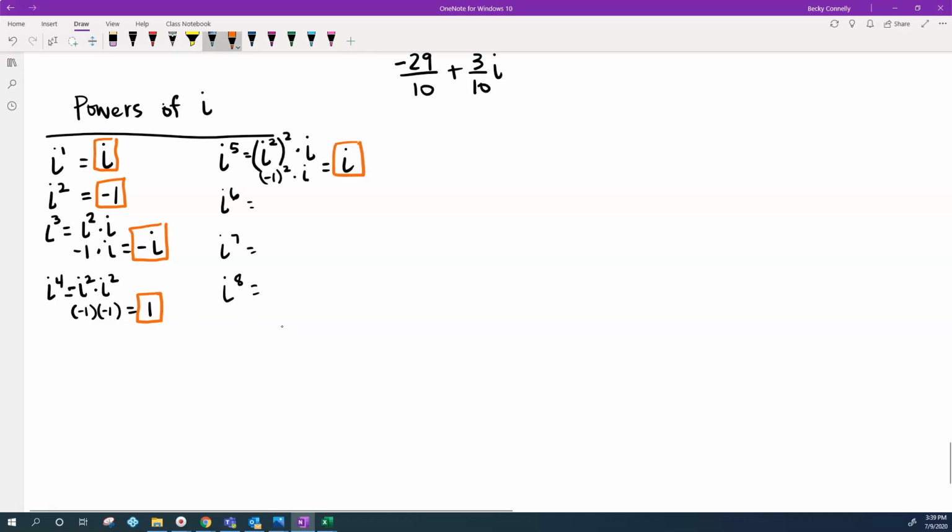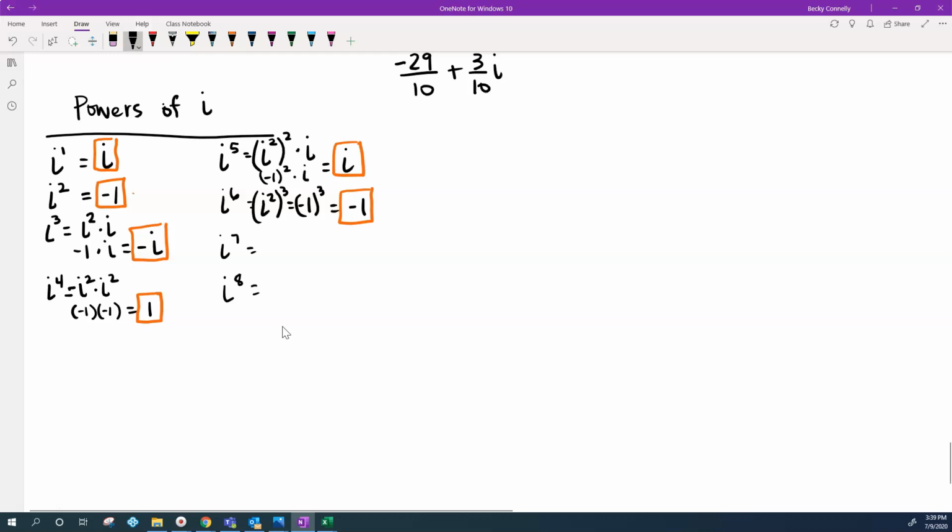If I go to i to the 6th, that's the same thing as i squared raised to the 3rd power. I could rewrite it that way. And that would say -1 raised to the 3rd power, which would just be -1. So yep, I get that same thing there.